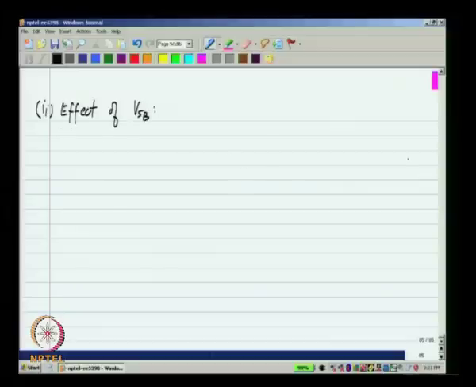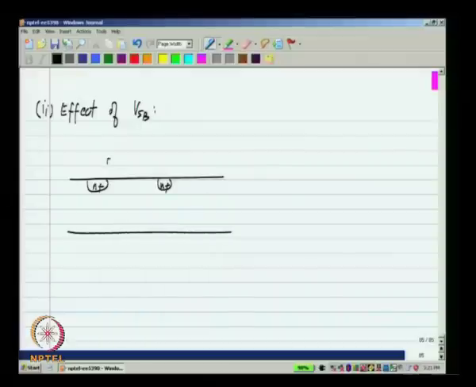Now, effect of the source bulk voltage. So, first of all, again if you recall the basic operation of the MOS transistor, what happens is that you start with a piece of semiconductor, which means that it does not really normally conduct. Okay. There is no conduction layer between the drain and the source sides. Let me call this the drain and this the source, that is the gate.